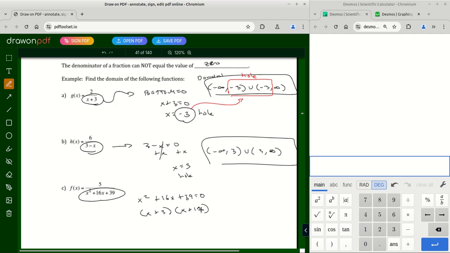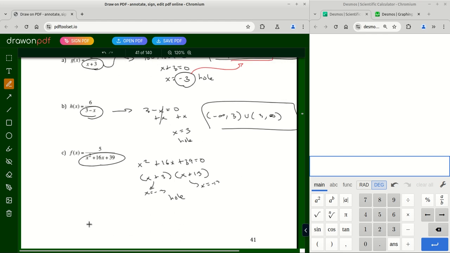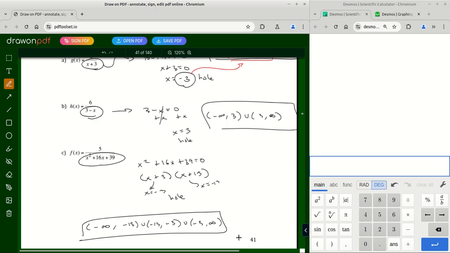Those work. And so when I solve for x, I get a negative 3 and a negative 13. Those are both holes in my domain. So when I write this out, starting from negative infinity, the next thing coming up is negative 13. Union. Negative 13 all the way to negative 3. Union. Negative 3 all the way to infinity. There you go. We're done.